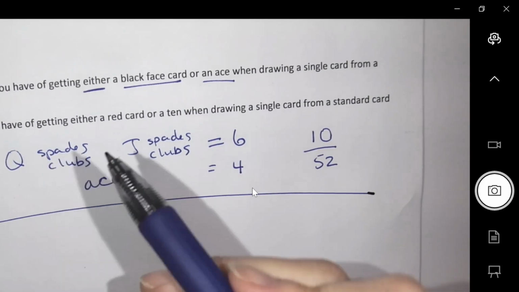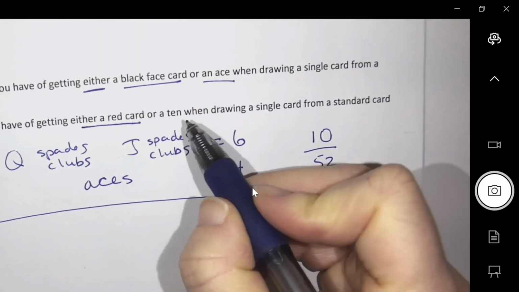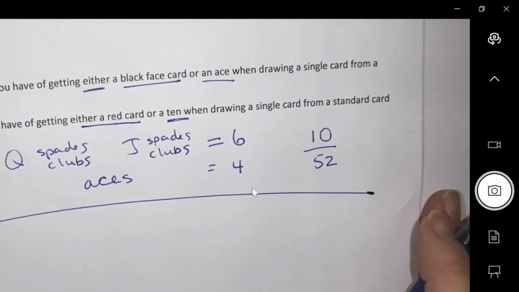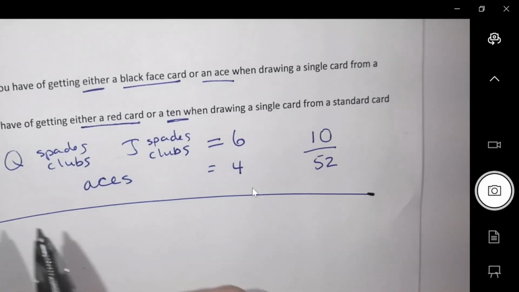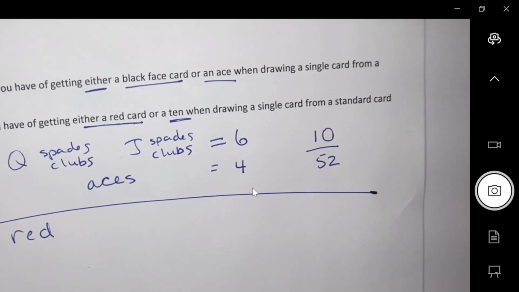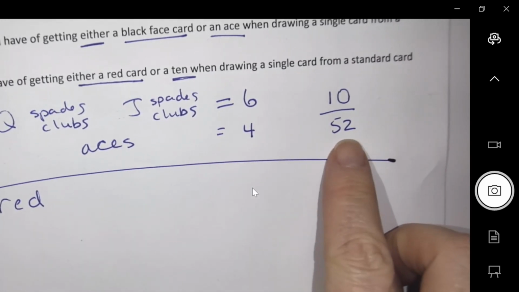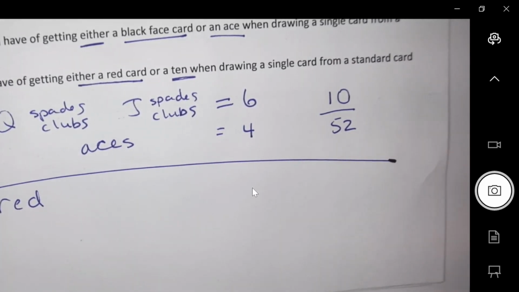Next, this time you're either getting a red card or a 10. How many red cards are in a deck? Well, we just said that there's 52 cards in the deck.